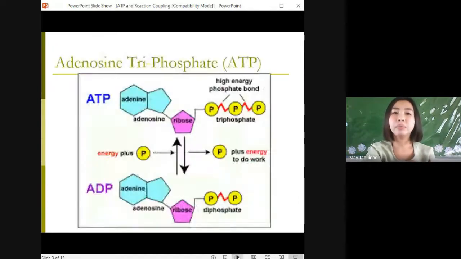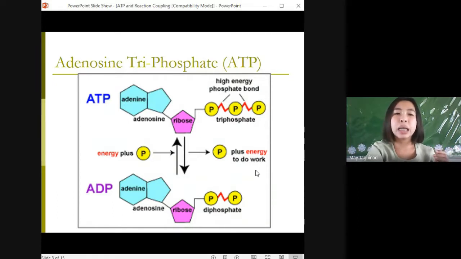All right. ATP is the energy unit of the cell. ATP is composed of an adenine group, a sugar or the ribose, and three phosphates. ATP is easily recycled. The cell converts adenosine diphosphate, or ADP, into ATP by the addition of phosphate.